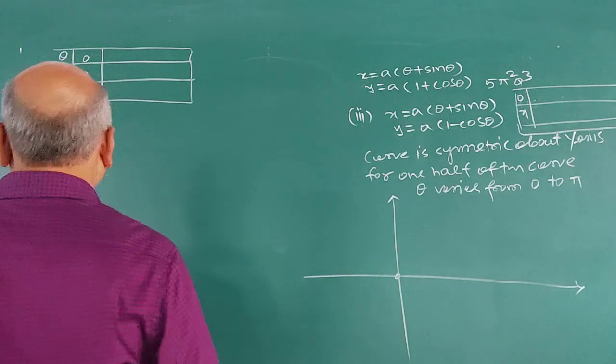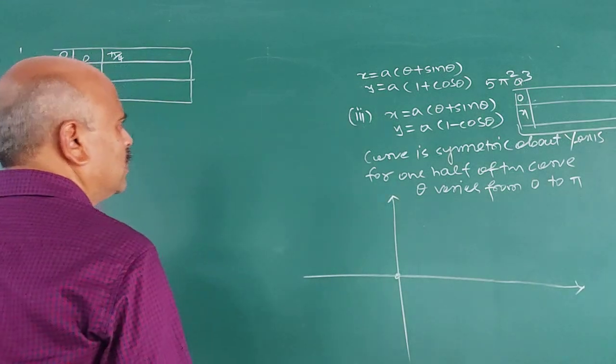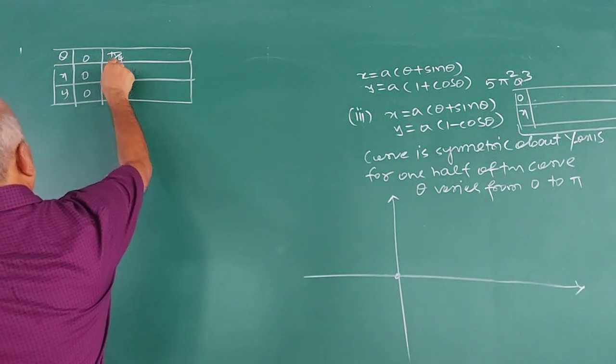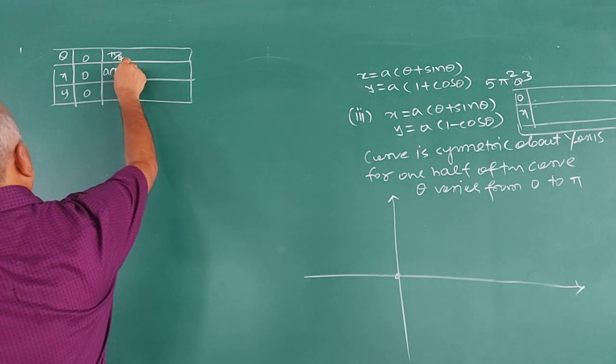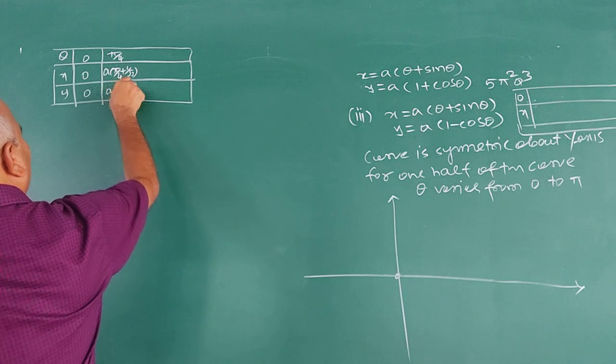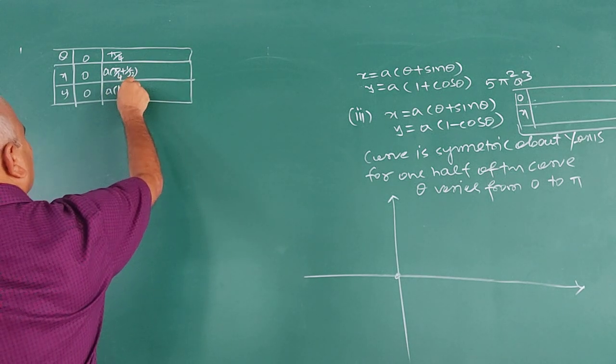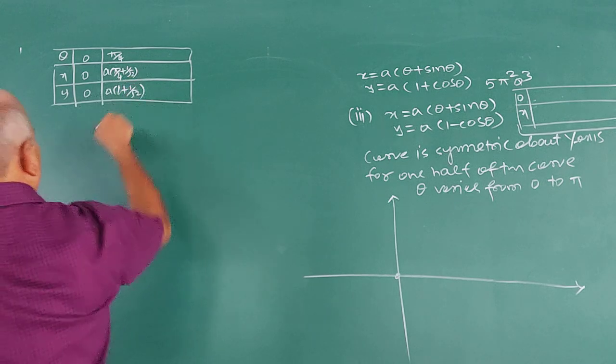Theta increases. Take theta equal to pi by 4. What is x? A into pi by 4 plus sin pi by 4, which is 1 by root 2. Y is a into 1 minus 1 by root 2. Correct?